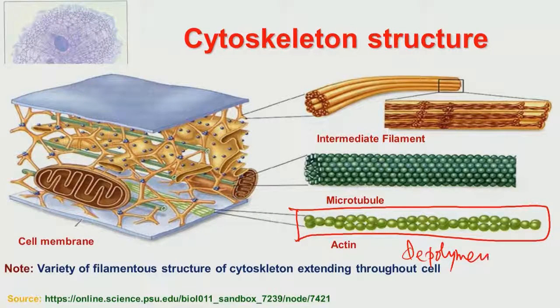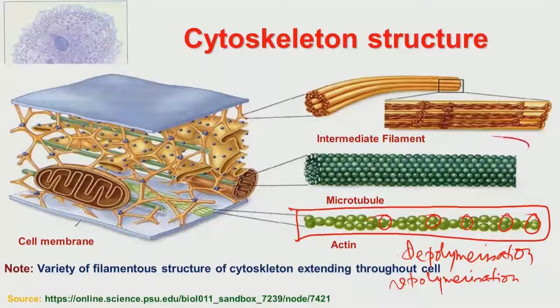Depolymerization essentially means that these actin filaments can break down to individual monomeric molecules. If required, these monomers can come back together to make the actin filamentous molecule again, and this is called repolymerization. So, this sequence of depolymerization and repolymerization takes place in a cellular structure.